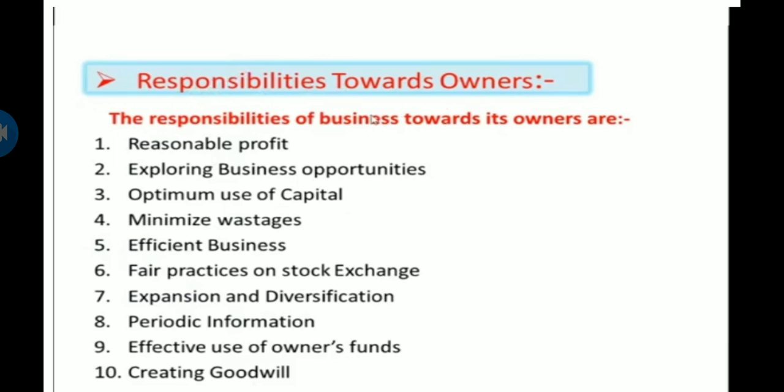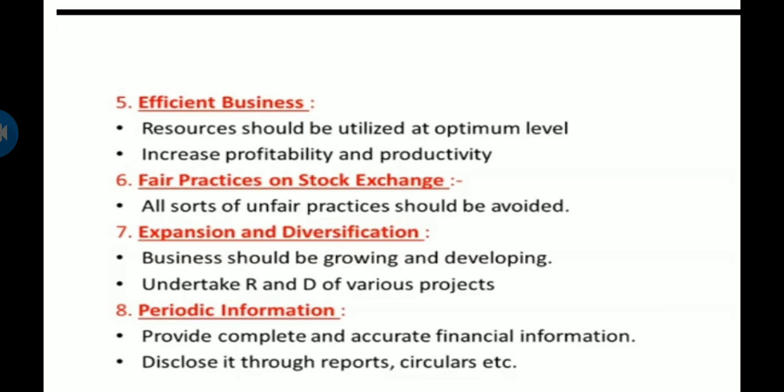Third is optimum use of capital. Fourth is minimize wastages. Fifth is efficient business. Sixth is fair practices on stock exchange. Seventh is expansion and diversification. Eighth is periodic information. Ninth is effective use of owner's fund. And tenth is creating goodwill. These 10 points are covered in the responsibilities of business towards the owner.